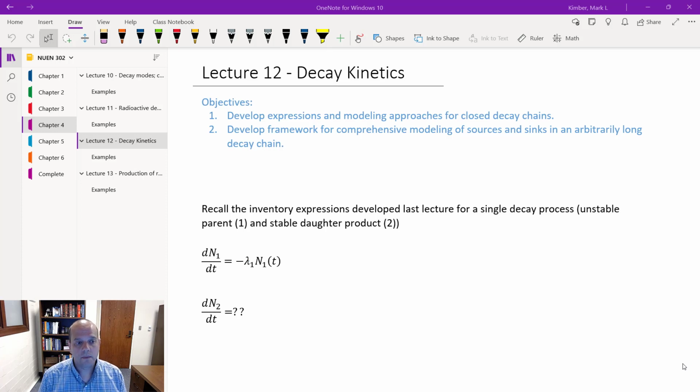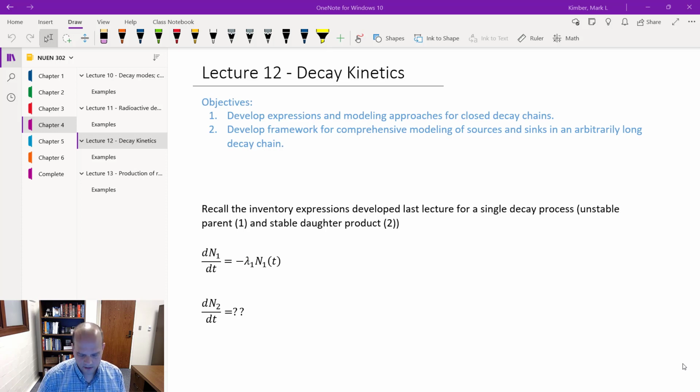So we'll start by looking at more simple cases. We'll recall the inventory expressions that we developed last lecture for a single decay process where we're going from a radioisotope, unstable parent, down to a daughter product that happens to be stable.